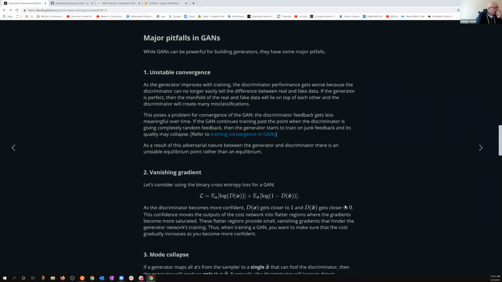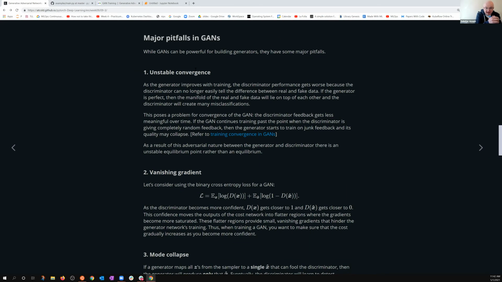Okay, cool. So the first one was the unstable convergence, which is, I think the primary point in this is that the discriminator essentially is classifying between real and fake data. As the generated data gets better and better, closer to real data, the classifier's performance deteriorates.